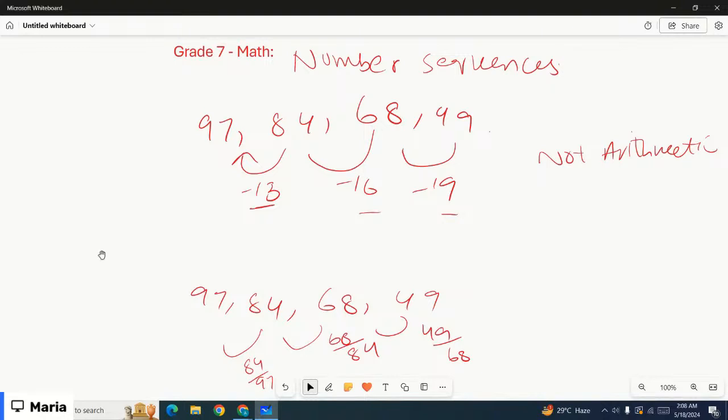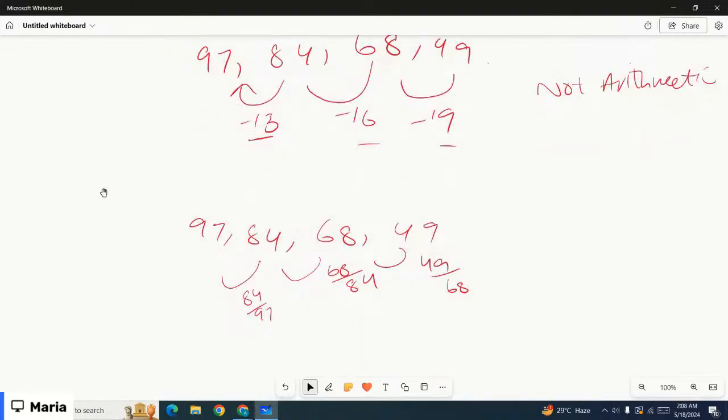Let's see if they have a common ratio. 84 divided by 97, that is 0.86. Then 68 divided by 84, that is 0.80. Then 49 divided by 68, that is 0.72.